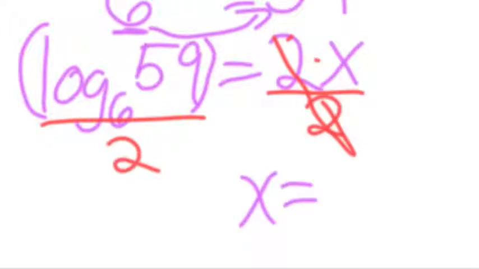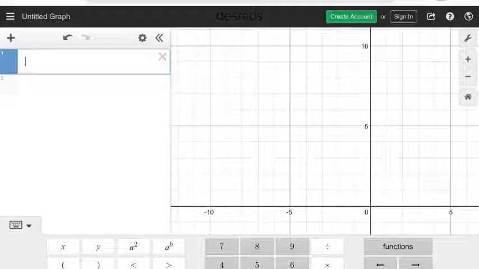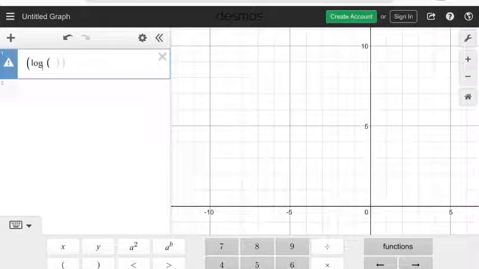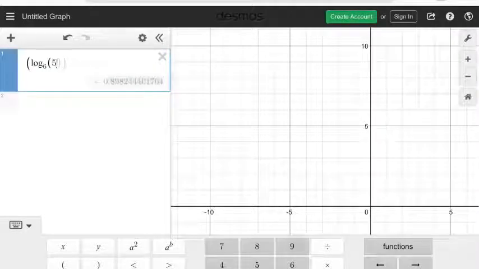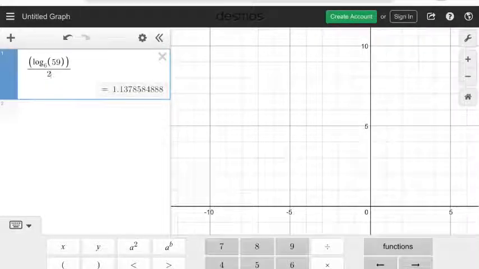So x equals, we're going to use our Desmos. Exit out of what we had in there, parentheses, log base 6 of 59 is what we're taking the log of, and we're dividing by 2. So we get 1.137858, and so on and so forth.